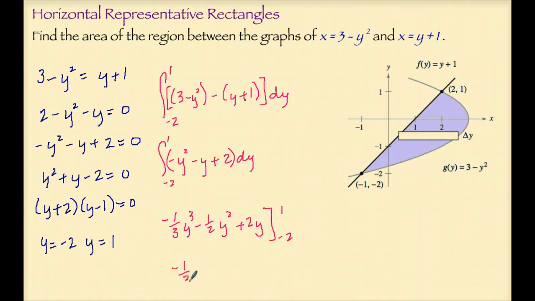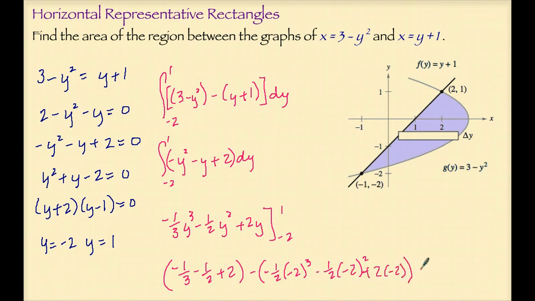This gives me -1/3 minus 1/2 plus 2 when you plug 1 in for y, minus the quantity -1/3 times -2 cubed minus 1/2 times -2 squared plus 2 times -2, equals 9/2.